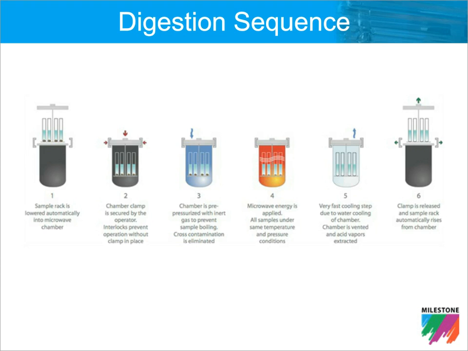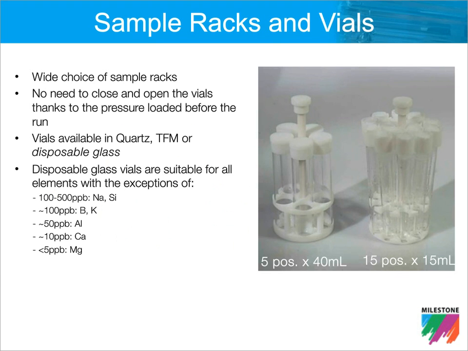Here we have a picture of the two most common sample racks that are available for the UltraWAVE. There is a 15-position 15 mil sample rack, as well as a 5-position 40 mil sample rack. Both racks have vials that come in Teflon, quartz, as well as disposable glass. And interestingly, although disposable glass is not the best material for doing trace metals analysis, it does work extremely well for many elements.